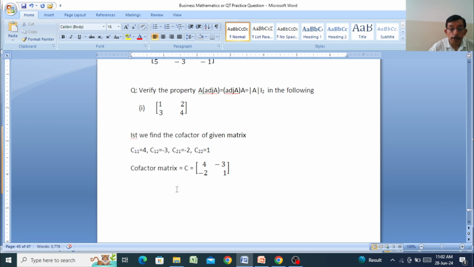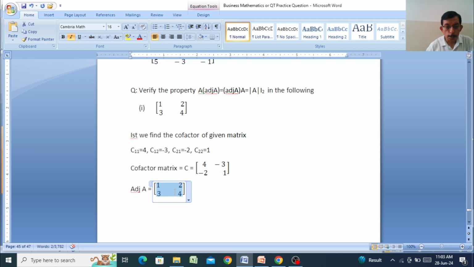Now we find the adjoint A. Adjoint A is equal to the transpose of the cofactor matrix.